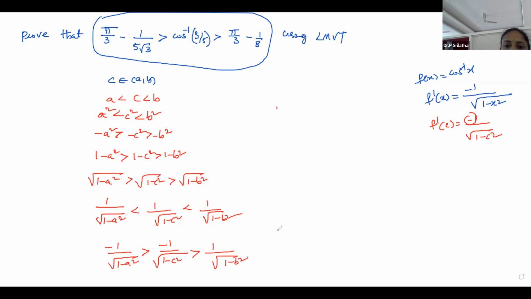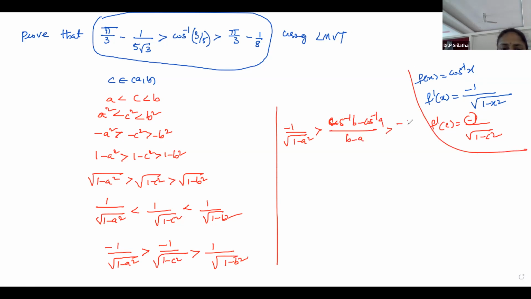Okay. So after this, minus 1 by under root of 1 minus A square is greater than, means here we'll get the sin cos, kada. So cos inverse B minus cos inverse A divided by B minus A is greater than minus 1 by under root of 1 minus B square.